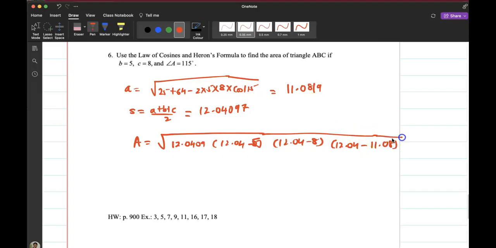You use Heron's formula, and you'll find that the area of the triangle comes to 18.1. Now you can round it up. In the end, there are a lot of intermediate steps, so use all significant figures.